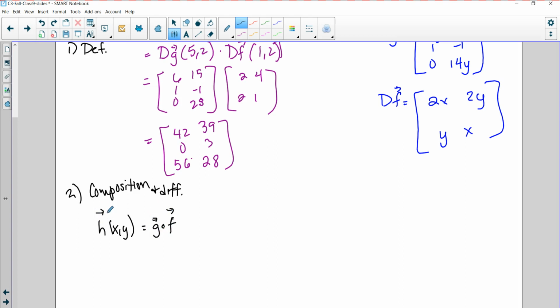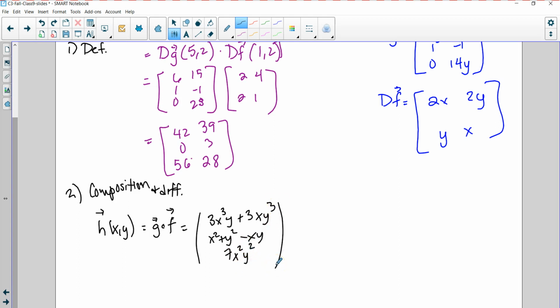And so what this ends up being is 3x cubed y plus 3xy cubed, x squared plus y squared minus xy, and 7x squared y squared.